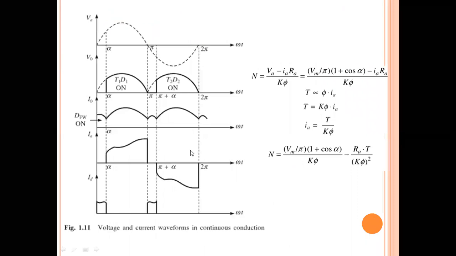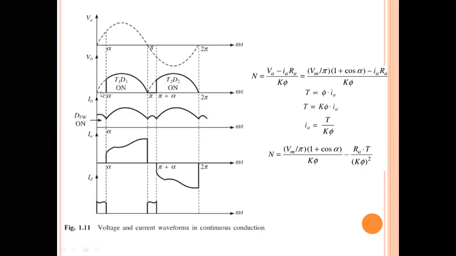Okay, and if we check the output waveforms, this dotted line represents the input sinusoidal signal, and these two positive pulses represent the output voltage. From 0 to alpha, thyristor T1 is not triggered, meaning thyristor T1 is forward biased but not conducting.